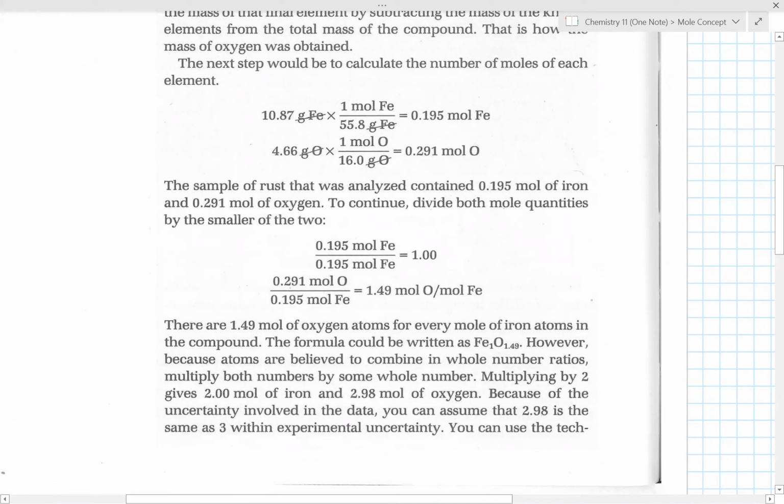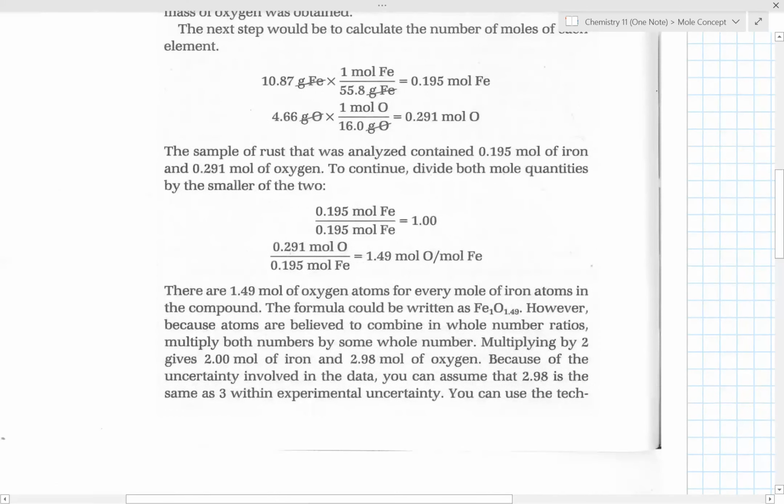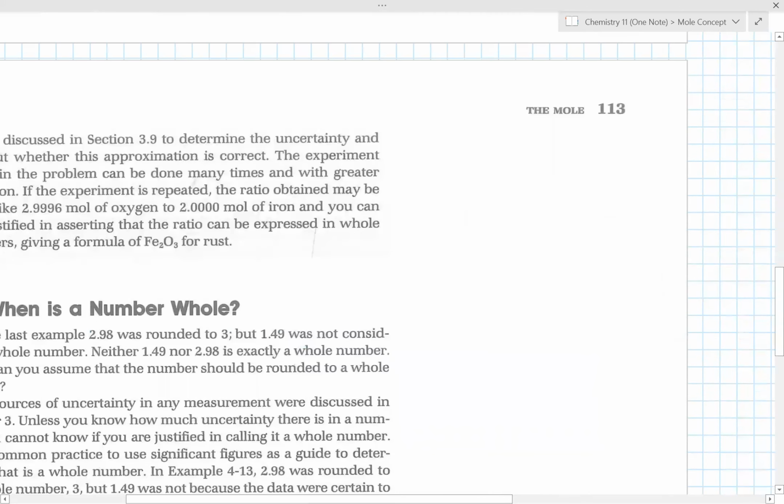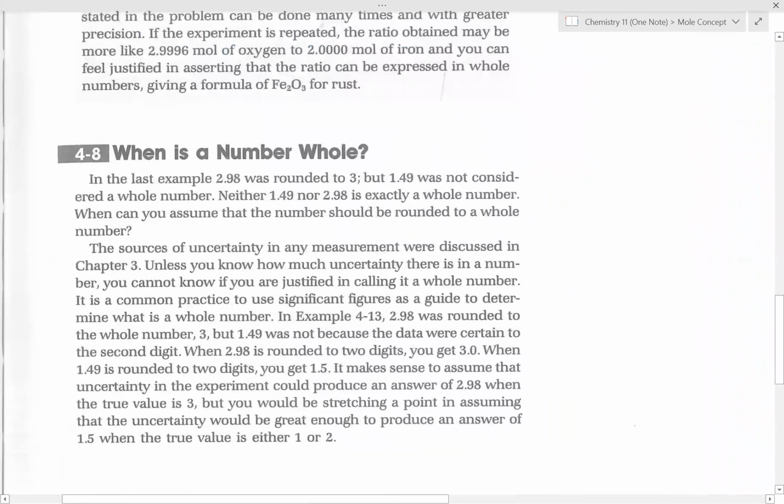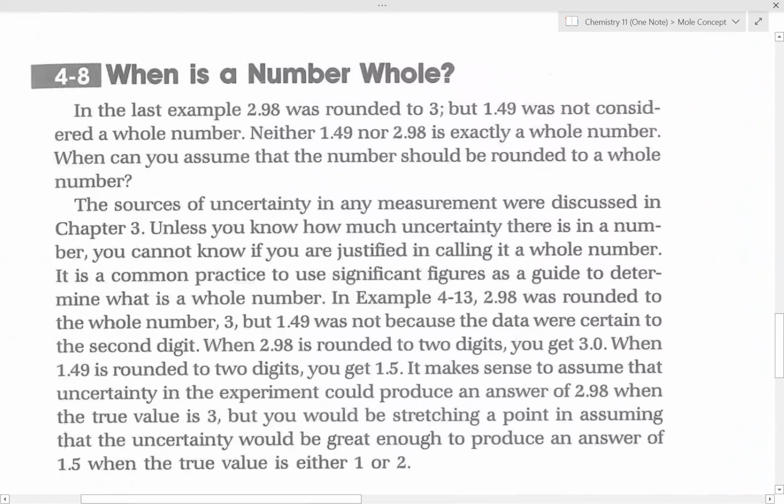The formula could be written as Fe1O1.49. However, because both atoms are believed to combine in whole number ratios, we multiply both numbers by some whole number. Now, you might say, when do we determine if the number is whole?